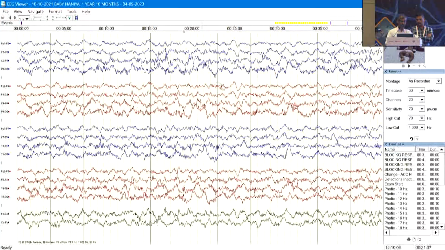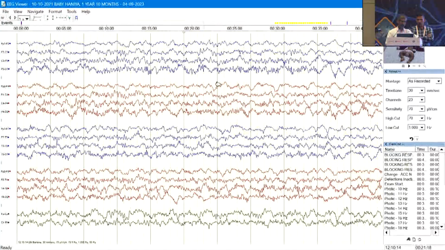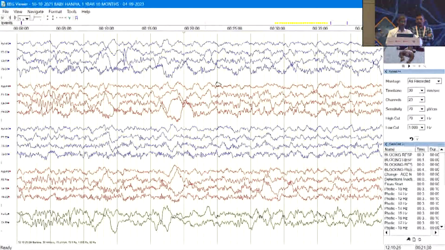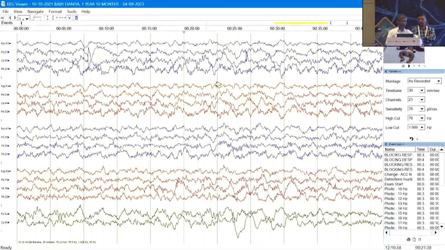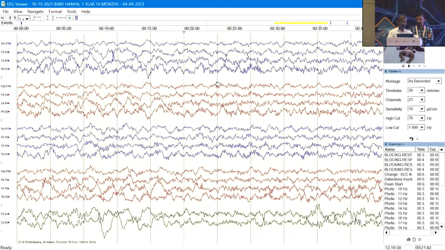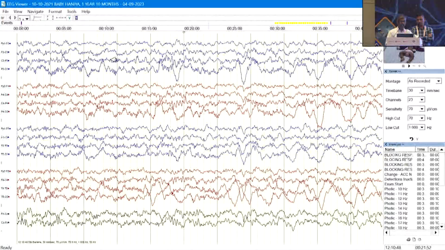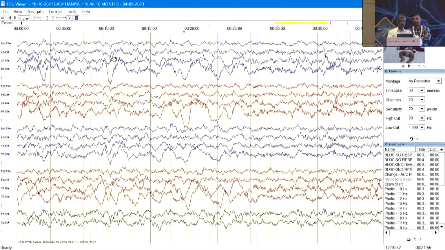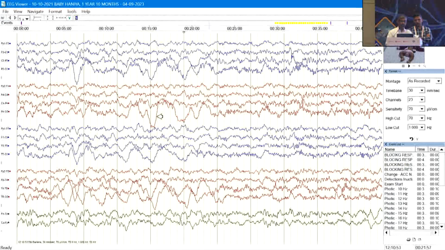So sometimes, especially in a 3-year-old, 4-year-old child, the vertex sharp transients can be very spiky. So that is another common mistake people do. They report, so these are some of the spiky vertex sharp transients. They report that as a central spike or epileptiform abnormality. So this is again a higher amplitude delta posterior occipital slowing, which is physiological normal.